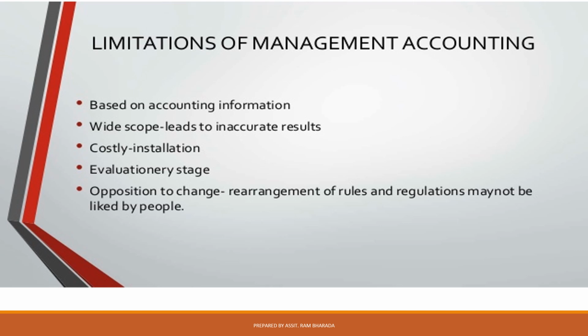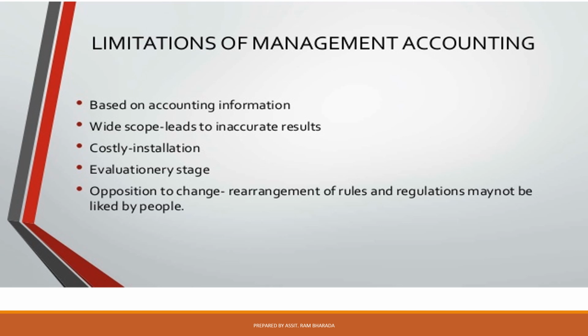Next one is the limitations of management accounting. The first limitation: the accounting information is provided by cost and financial accounting, so management accounting purely depends upon the data provided by financial accounting and cost accounting. Number two, management accounting has a wide scope, so sometimes a wide scope leads to inaccurate results.